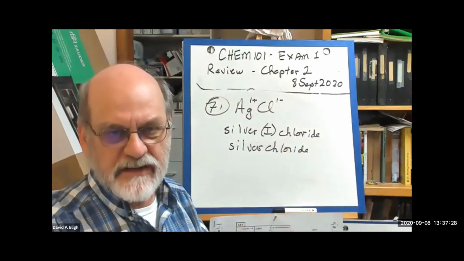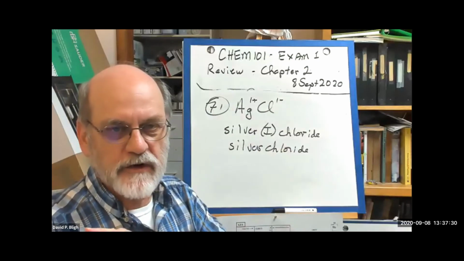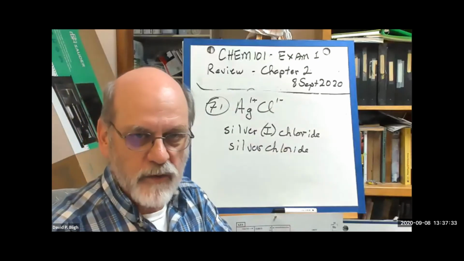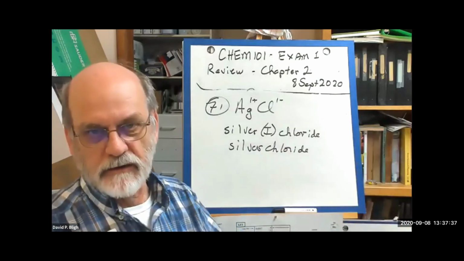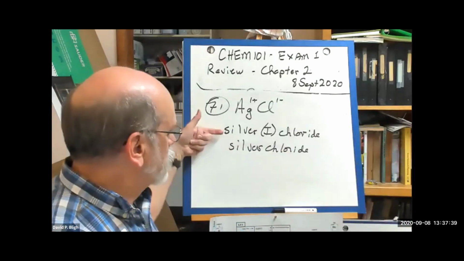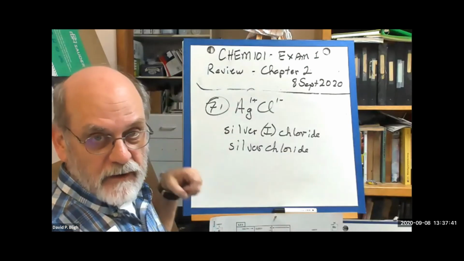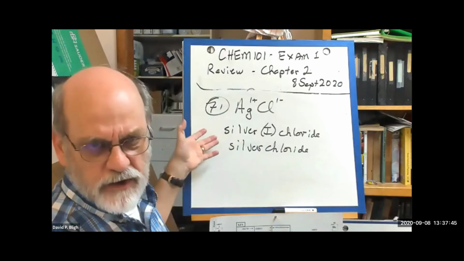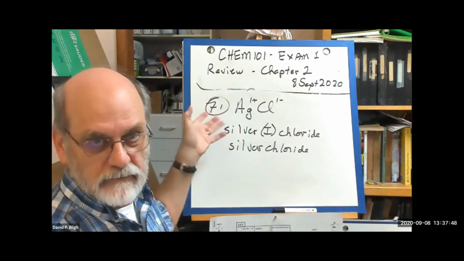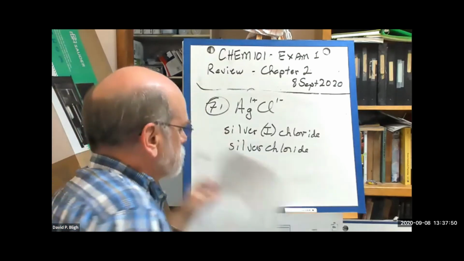Just for simplicity's sake, so you don't have to bother with any extra rules, say all transition metals are type 2s. And then you would get this one. But if you were industrious and curious and you say, well, it's only got 1 charge, so it's a type 1, right? So either one's okay.